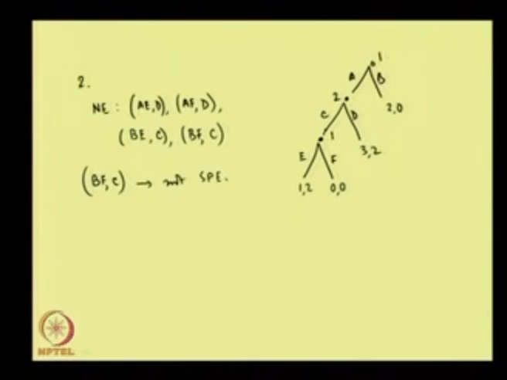Why? Let us look at the history AC. After AC has happened, is the strategy of player 1 optimal? That is the question that we are asking.